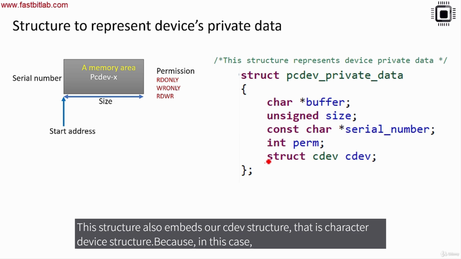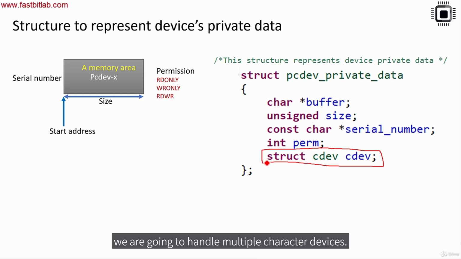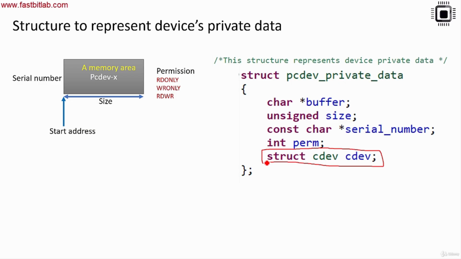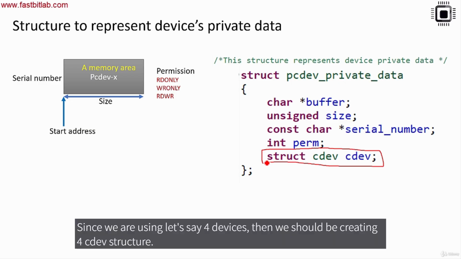This structure also embeds our cdev structure, that is the character device structure, because in this case we are going to handle multiple character devices. Every device has to get registered with the virtual file system of the kernel. Since we are using, let's say, 4 devices, we should be creating 4 cdev structures.